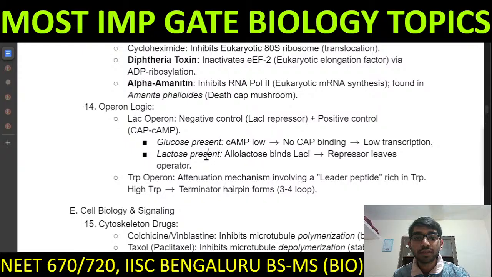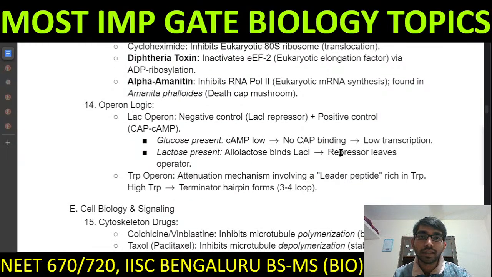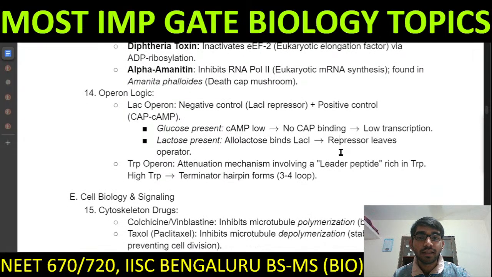But when lactose is present, then allolactose can bind to the lac I repressor. This makes the repressor come off, and then the transcription can start for the structural genes, which are Z, Y, A. So Z is for beta galactosidase, Y is for permease, and A is for transacetylase. So this you should remember.